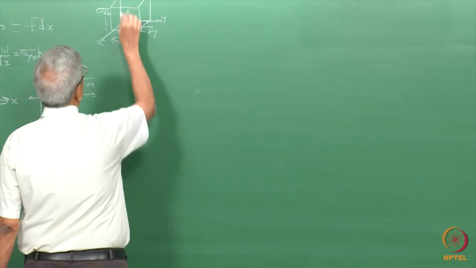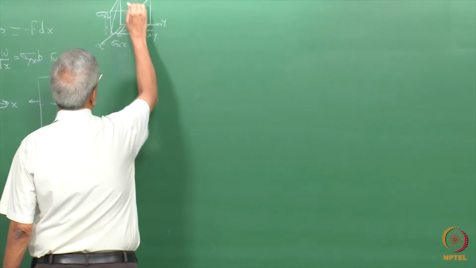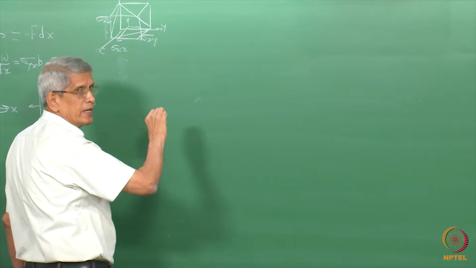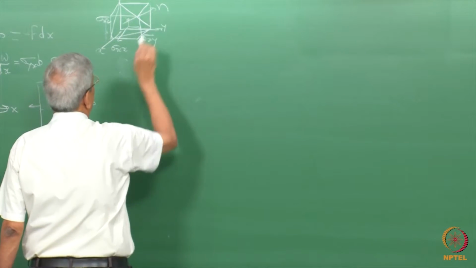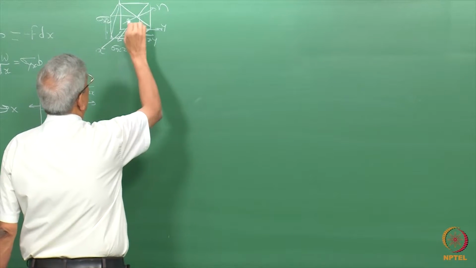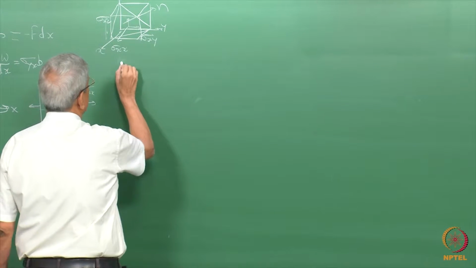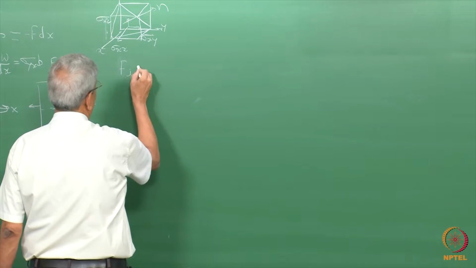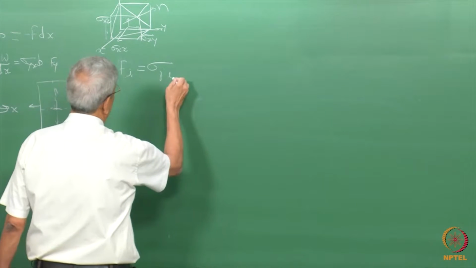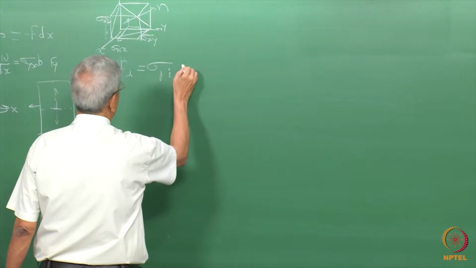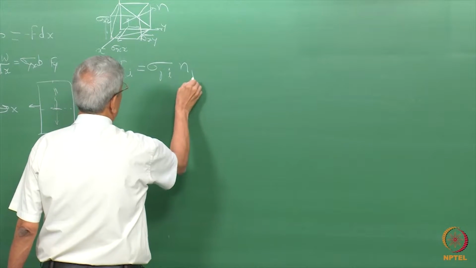Suppose we assume that there is a plane which we consider as this plane, and the normal to this plane is n, and the force which is acting across this plane, that is the component Fi, will be sigma ij into nj.